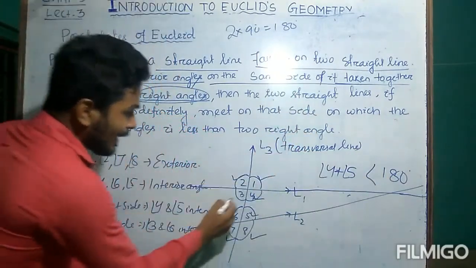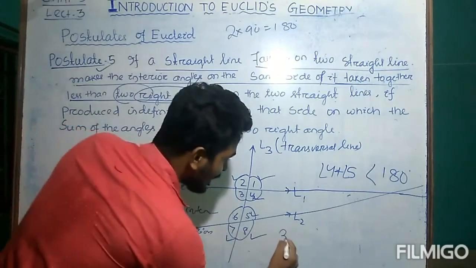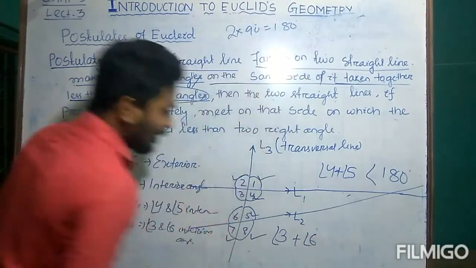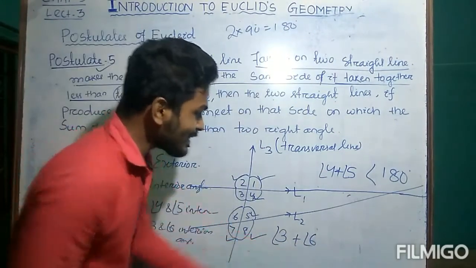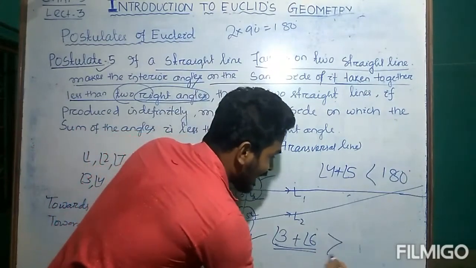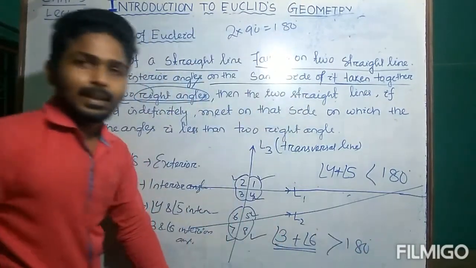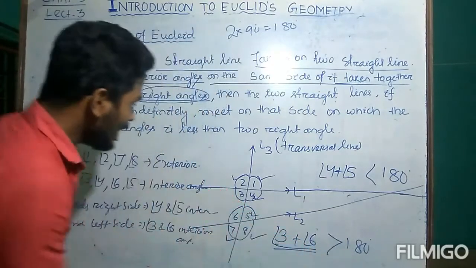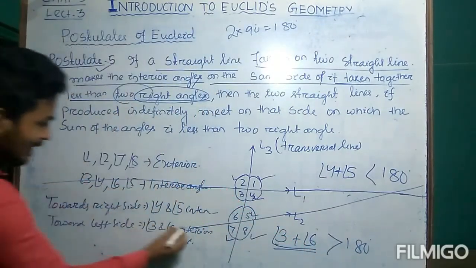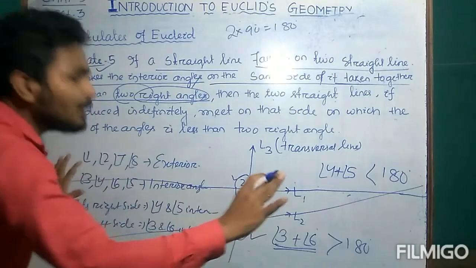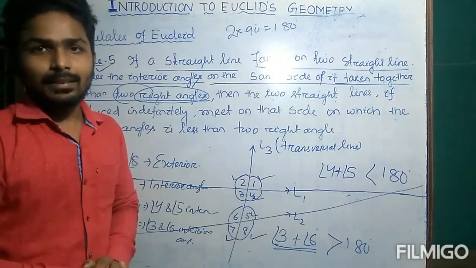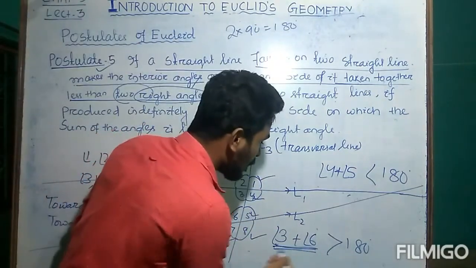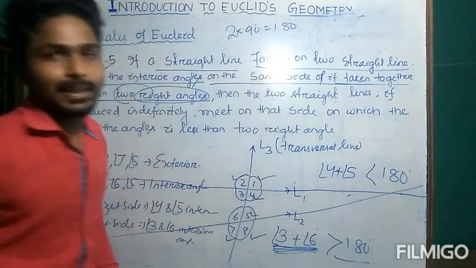See, on the left hand side there are two interior angles, but in this case the sum of these two angles is greater than 180 degrees. If it is greater than 180 degrees, then if you extend these two lines, they will not meet each other at any point. Why? Because the sum of the two interior angles is greater than 180 degrees.